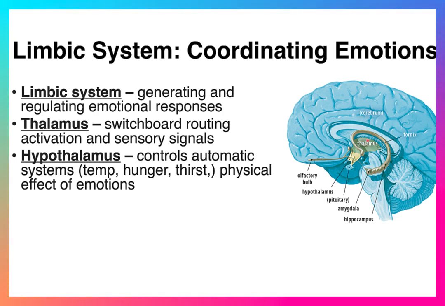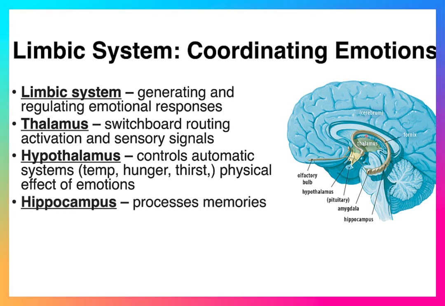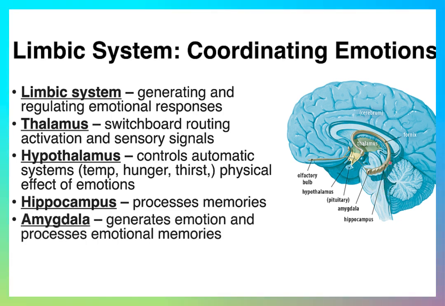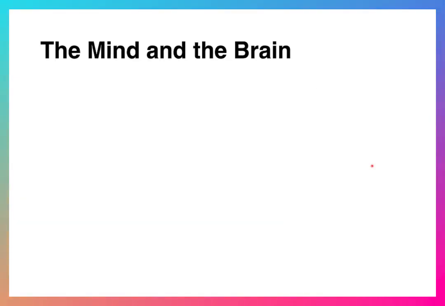And then the third part is the hippocampus, which processes memories. The hippocampus is right here. And then lastly, the amygdala, which is right here, which is important in emotional generation and processing emotional forms of memory.